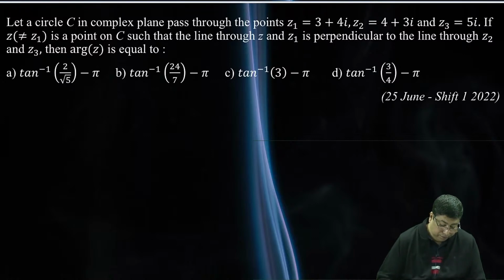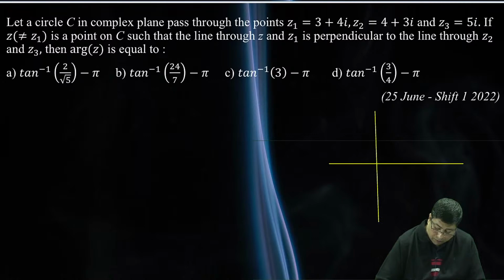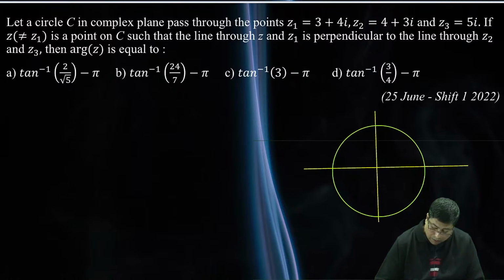Then what can be done? Let us draw the circle. This is the point 3, 4 and 4, 3.